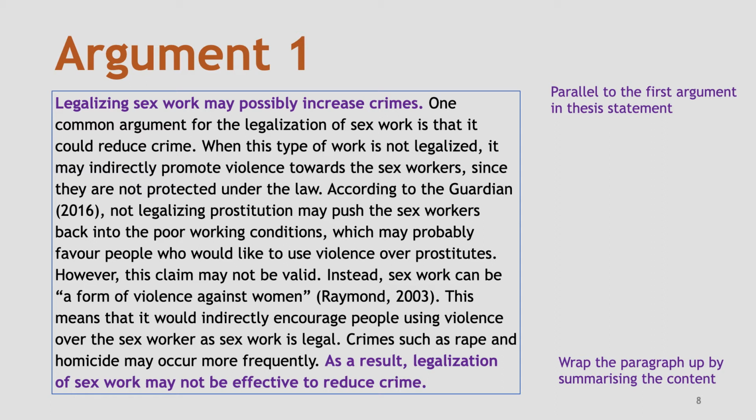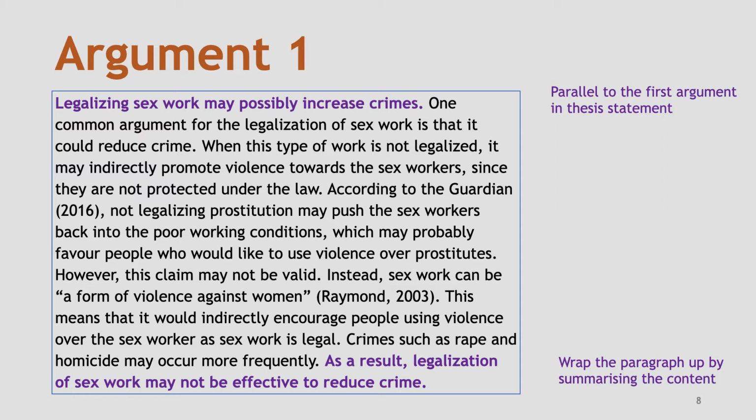However, this claim may not be valid. So this is the counter argument against the previous argument, provided by different points of view. Instead, sex work can be a form of violence against women.